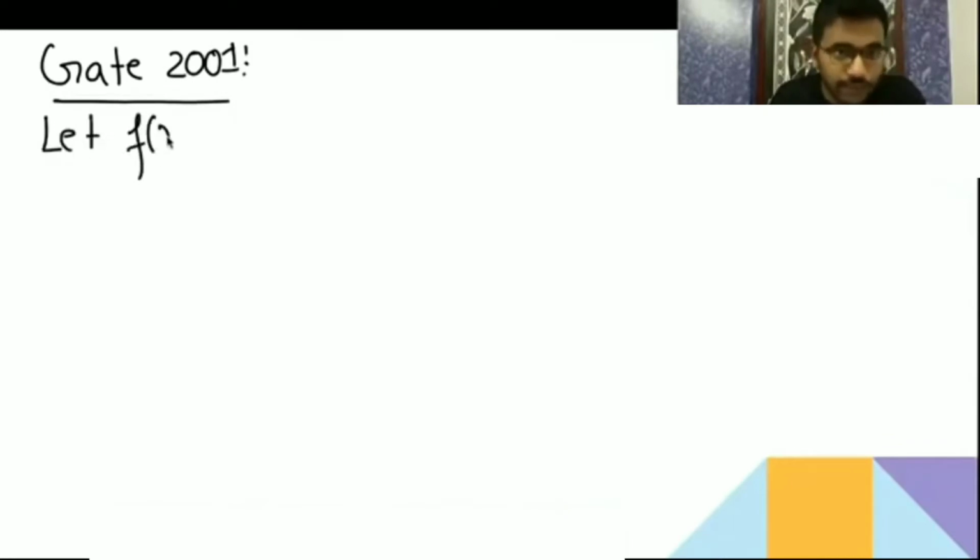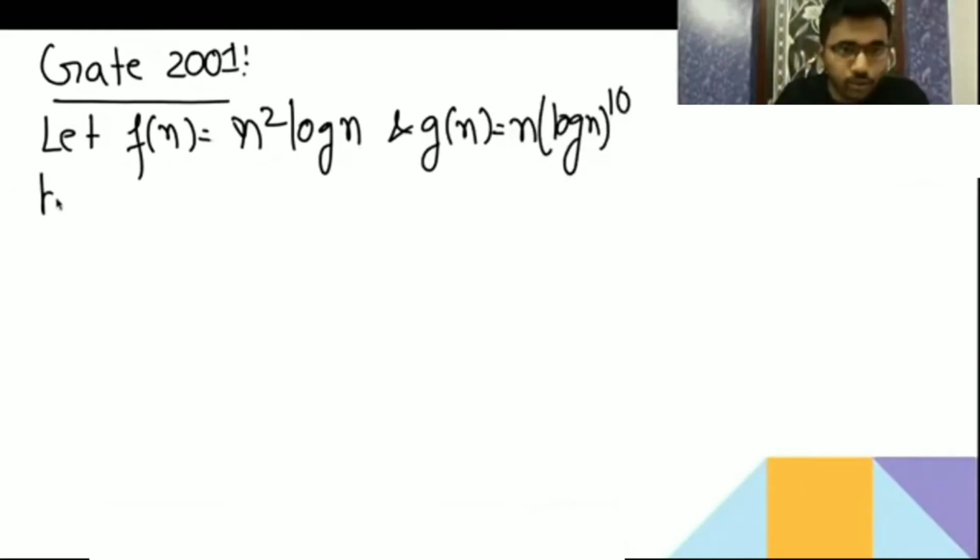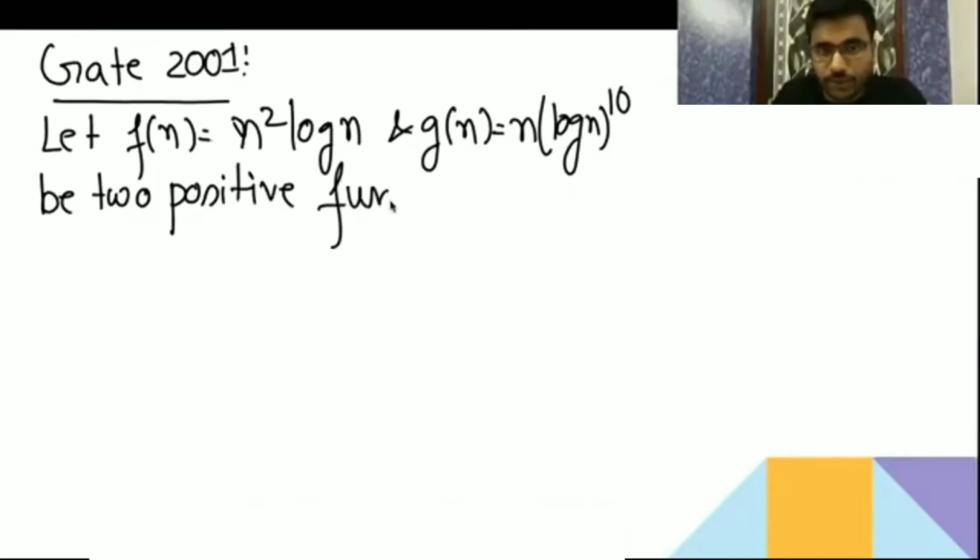So let Fn be equal to n square log n, Gn equal to n log n base 10, be 2 positive functions of n. Now tell me which is going to be the big O of that, which is greater, Fn or Gn? That is what they are asking in the option.